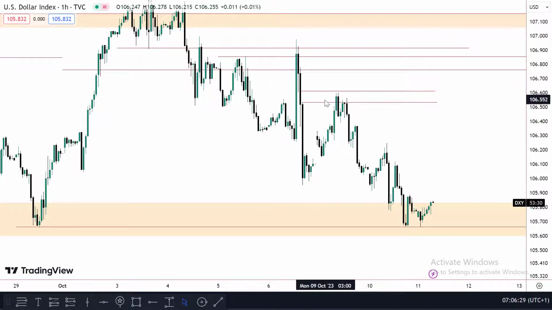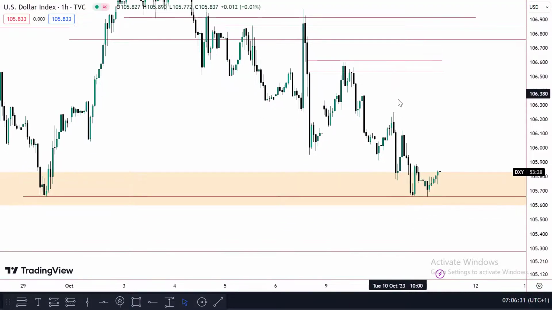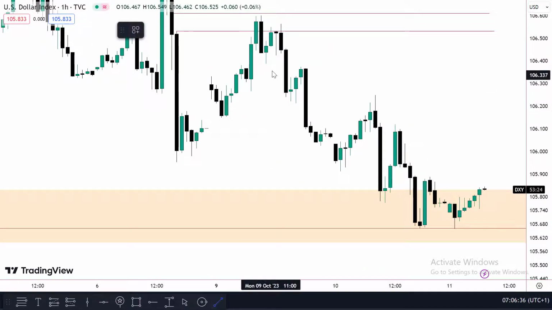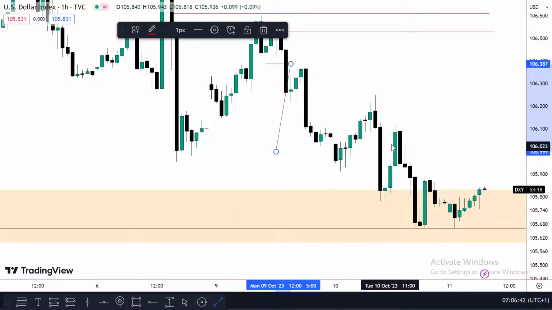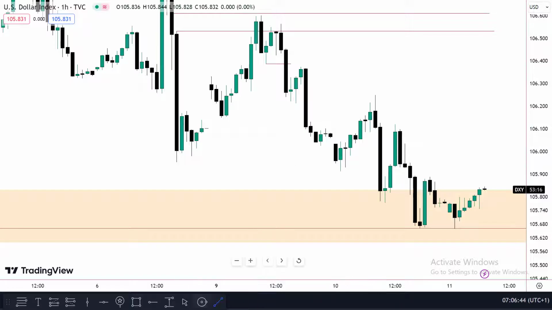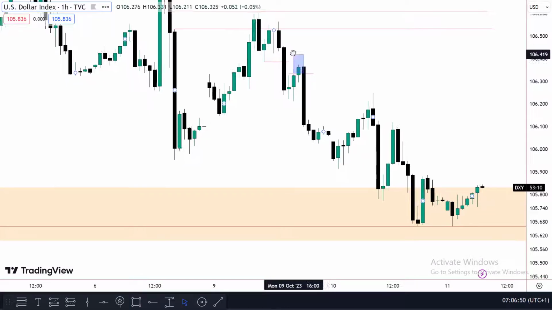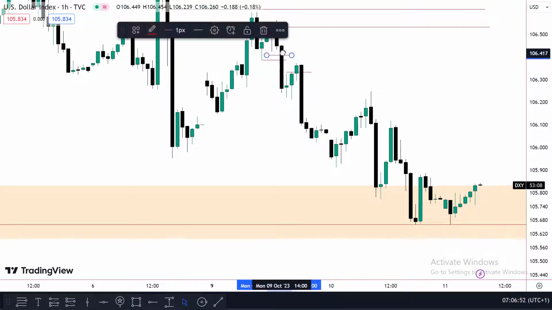Price traded back into that fair value gap and then gave us an entry signature. What was the entry signature? We had a new shift of market structure at that level that created a fair value gap and an institutional order flow entry drill signature.